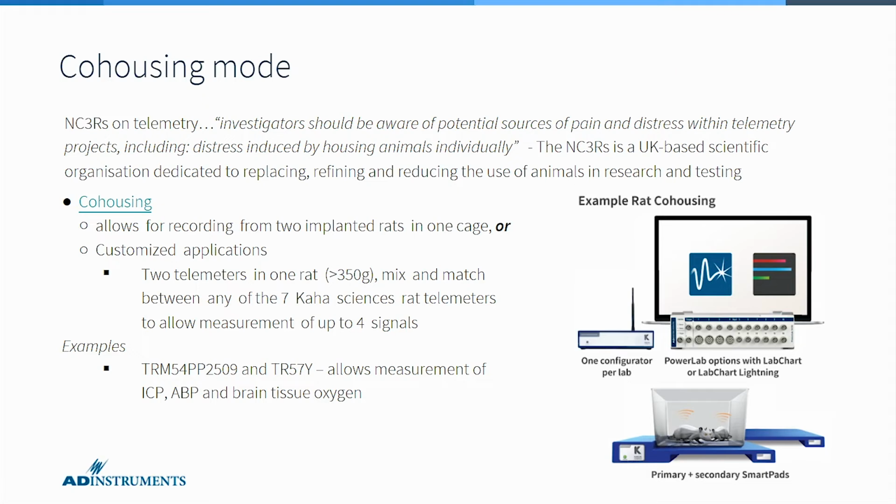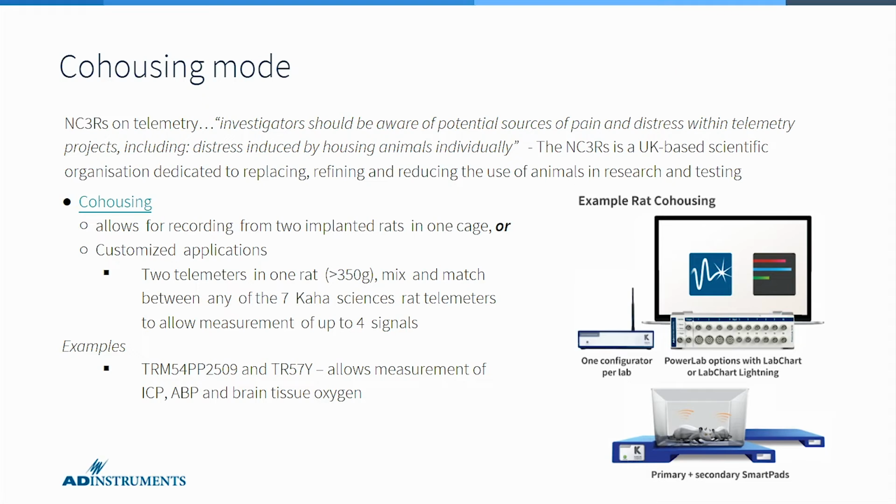This really improves the welfare of the animals because rats, after all, are a social species, so they like to be together. And we've got a number of customers that have reported changes in the physiological data that they observe compared to singly housed animals when rats are housed together.